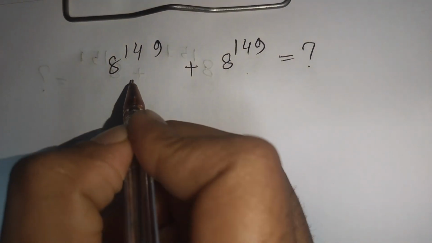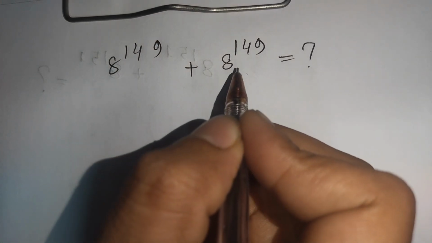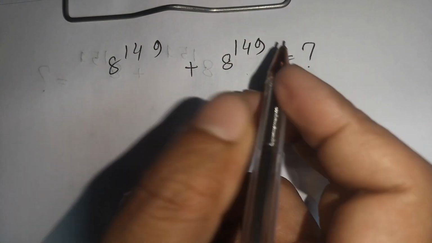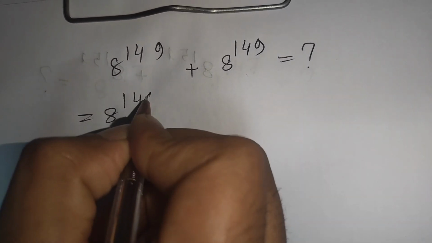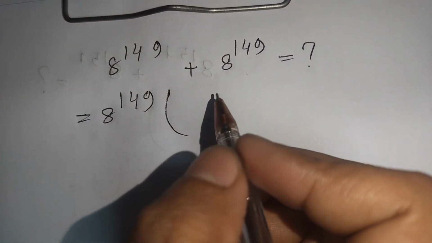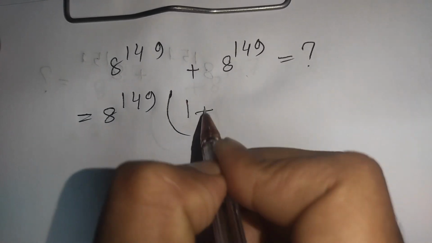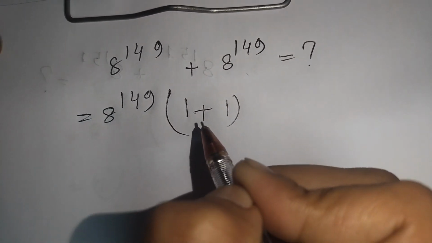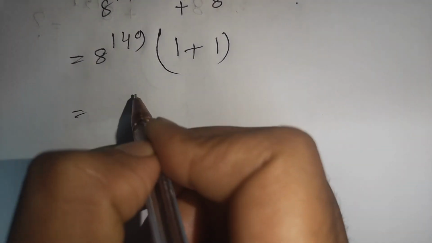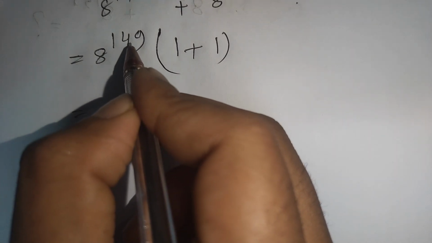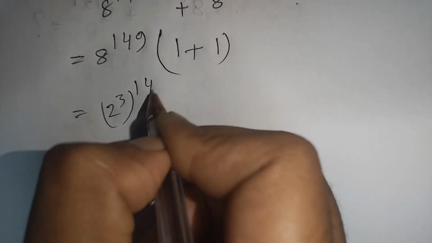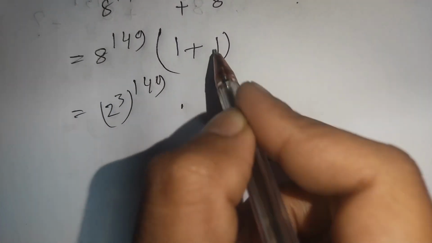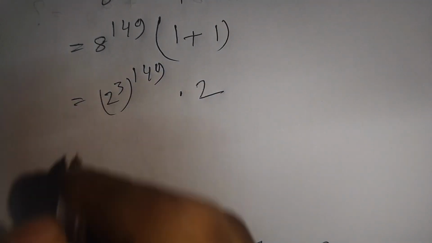How to solve 2 to the power 149 plus 2 to the power 149 is equal to what? At first we take common 2 to the power 149, first bracket start, this divided by this, that means 1, this divided by this, that means 1. Now 149 times 1 plus 1, that means 2.